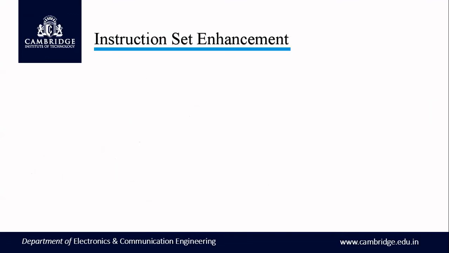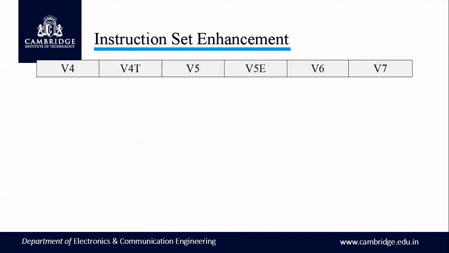Now we'll relate the instruction set enhancement with the architectural versions that we just studied. Okay, so the different architectural versions which we just went through were V4, V4T, V5, V5E, V6, and V7. This was the architectural development over the years for the various processors introduced in the market.